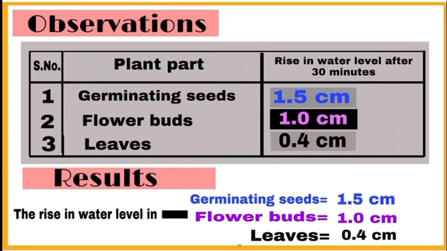Then write observations in the table given. Make 3 columns and write the readings of your observation as done for your reference. Then write results. Write the rise in water level in all 3 sets of experiments for germinating seeds, for flower buds and for leaves. And it is highest in germinating seeds and lowest in case of leaves.